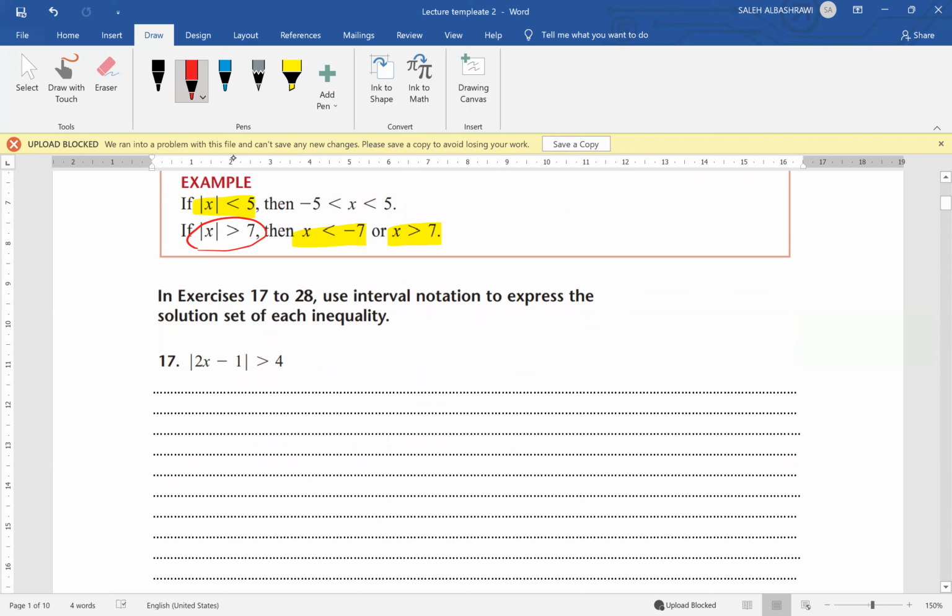So this can be expanded as 2x minus 1 less than the negative 4, or, you have to be careful about this connection, it is a compound inequality now, 2x minus 1 is greater than the positive 4. Less than the negative, greater than the positive. You have to be careful about this sign.